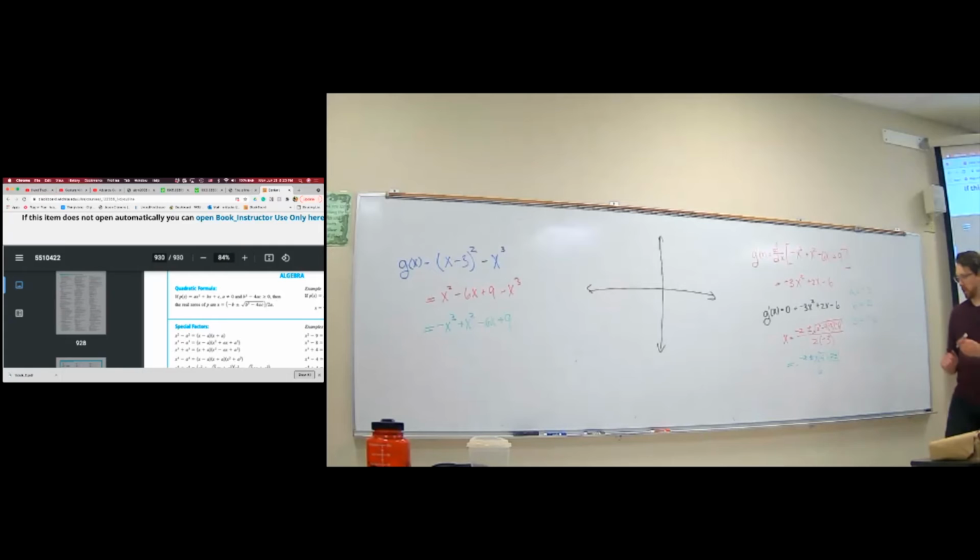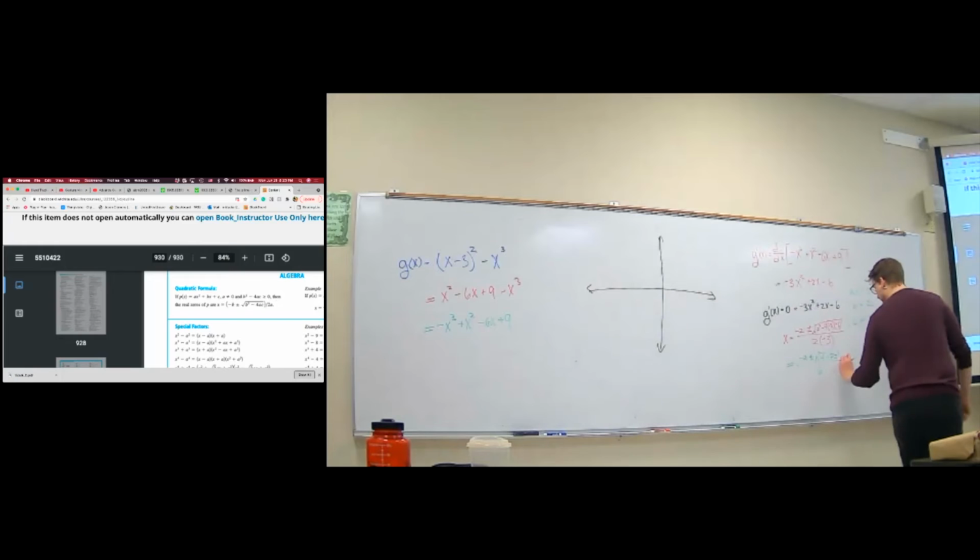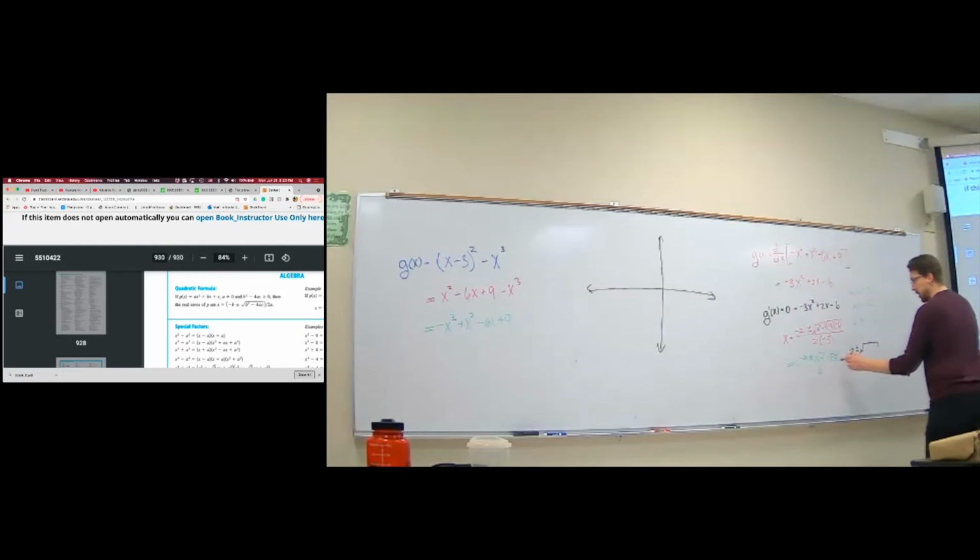All right, so this is going to be a number that I don't know right off the top of my head. -2 plus or minus the square root of 60. Does it not have any zeros?